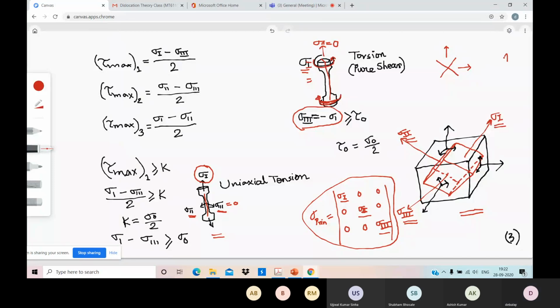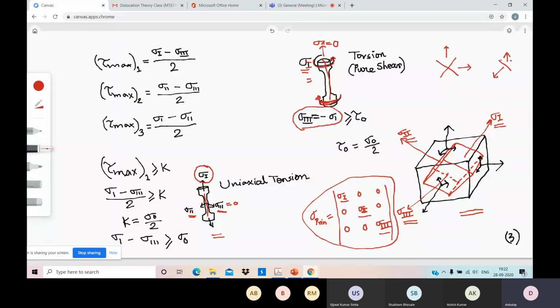Similarly, if I consider these principal components, those inclined 45 degrees with respect to them, you have to draw 45 degrees with respect to these two.